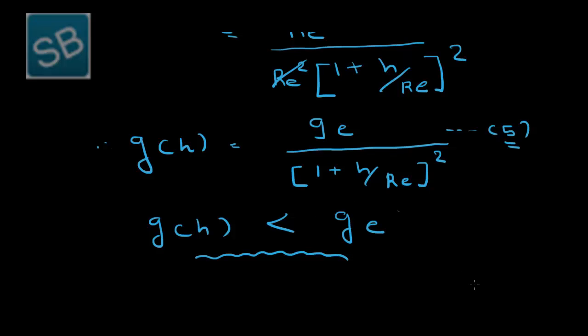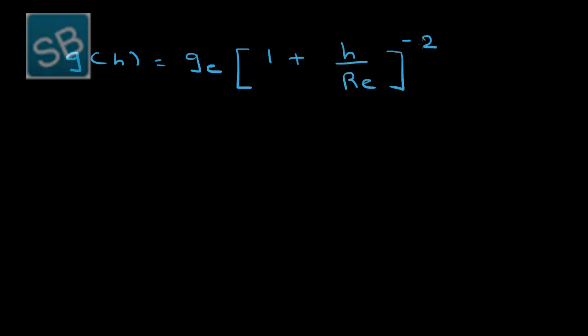Now I can write down equation 5 in this way. g_h is equal to g_E into 1 plus h over R_E raised to minus 2. And now I can simplify this term by using binomial expansion.